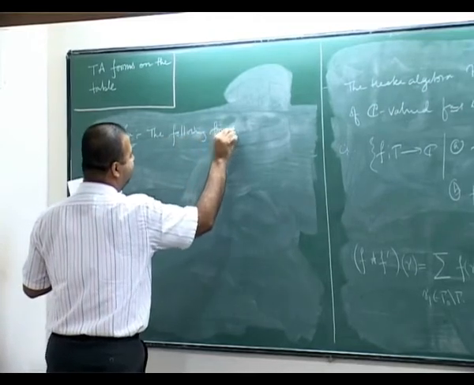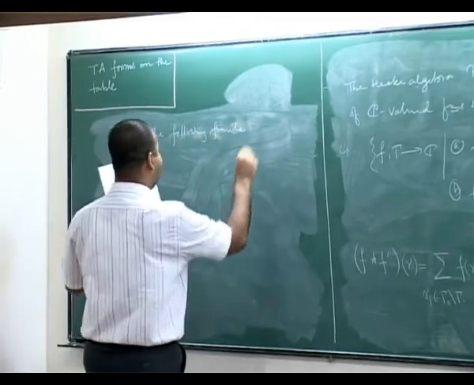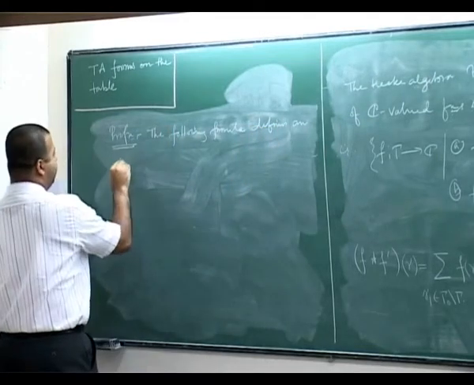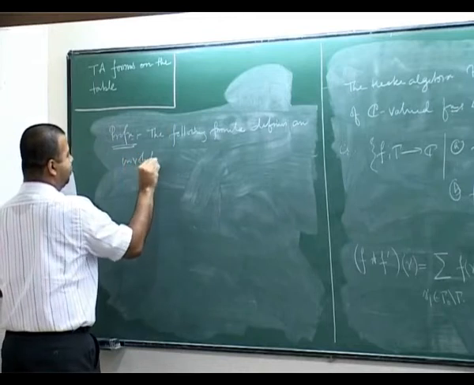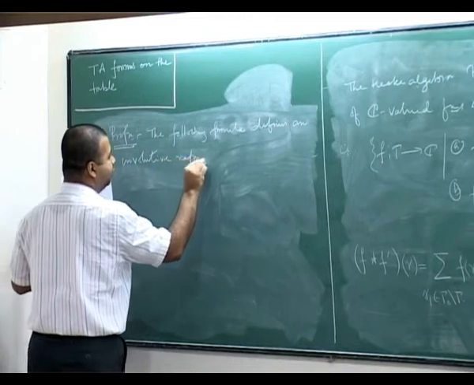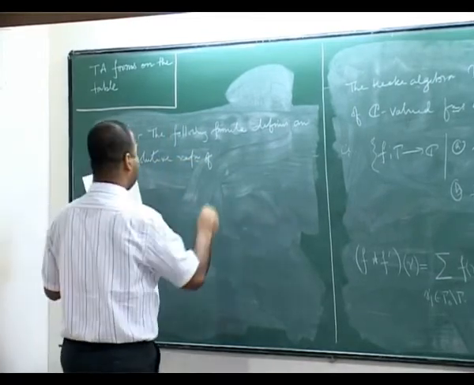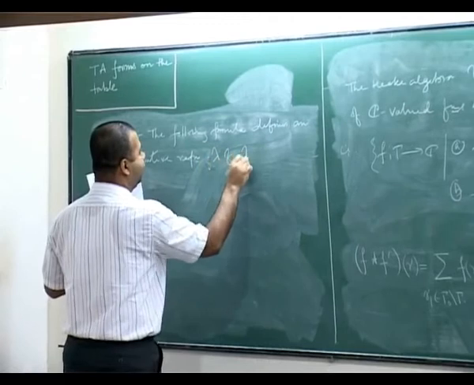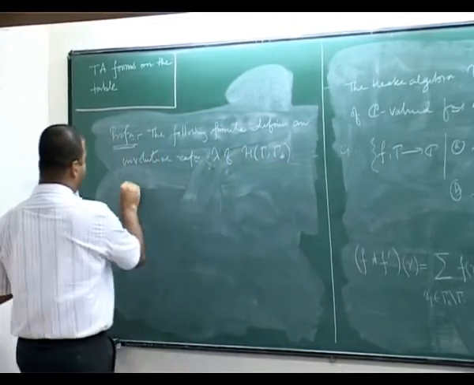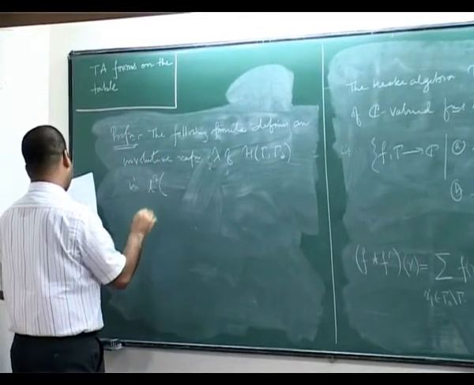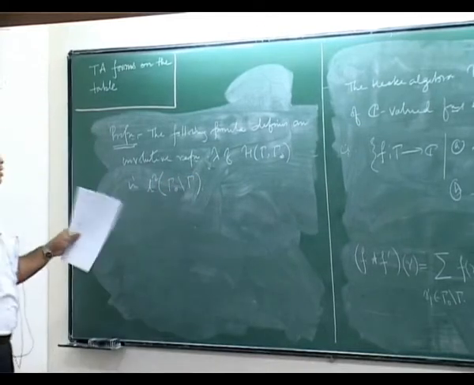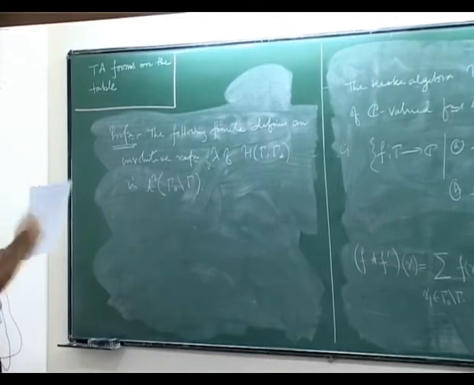The following formula defines an involutive representation, say lambda, of this in the Hilbert space small L2 of gamma. I have not yet defined any involution in this, but I will do that. Given any set, we can talk of small L2 of that set basically by that construction.